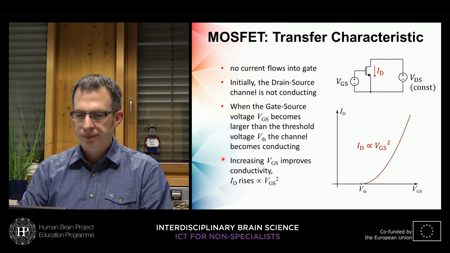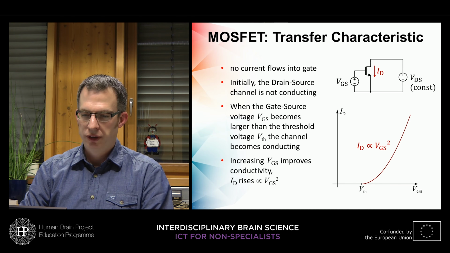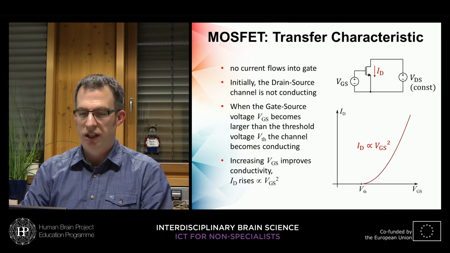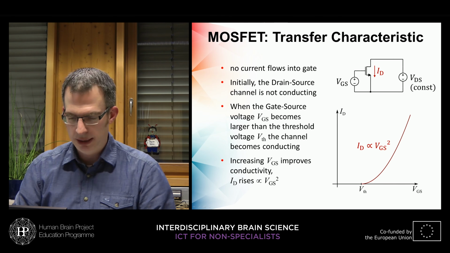So increasing gate to source voltage improves our conductivity, and the drain current rises with the square of the input voltage, which is the gate to source voltage.